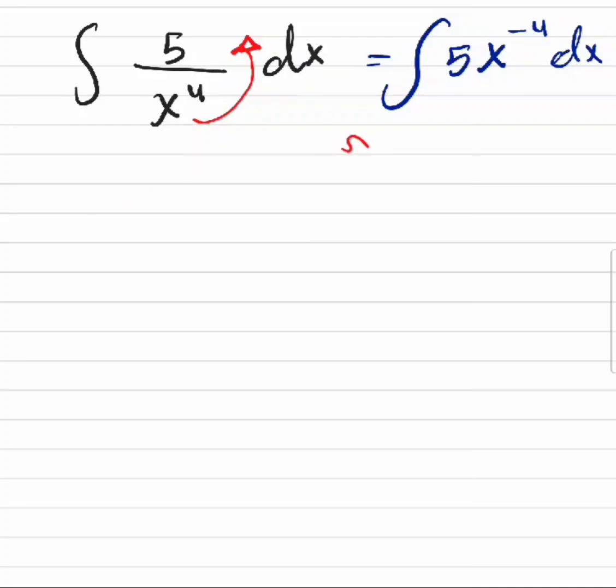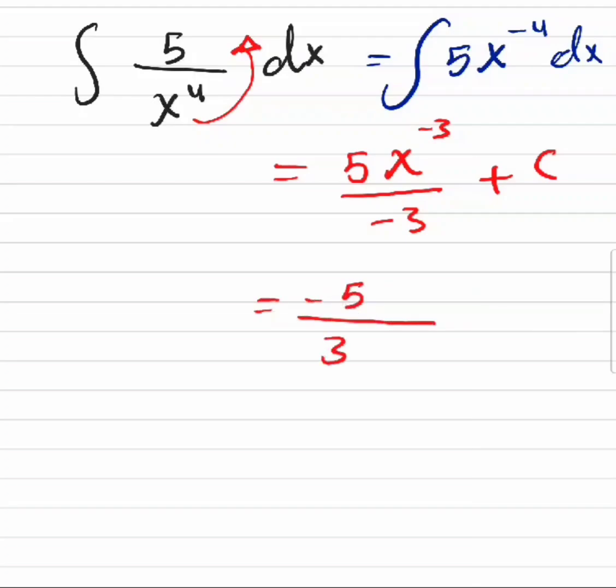So negative 4 plus 1 is negative 3. And then divide by negative 3. And then we'll move the x back to the bottom. So it's negative 5 divided by 3x cubed plus c.